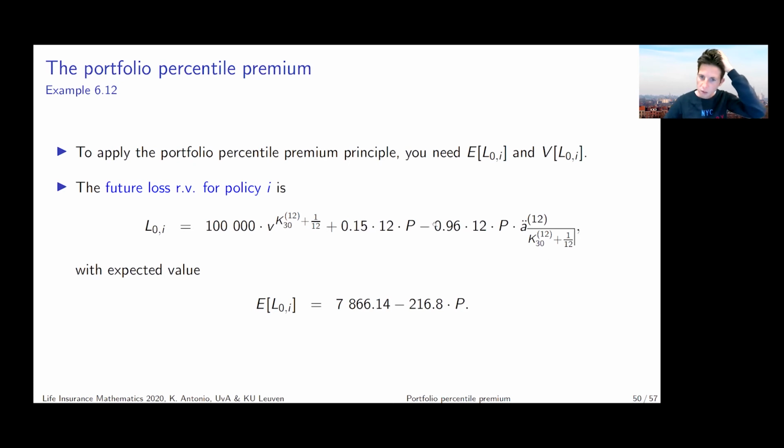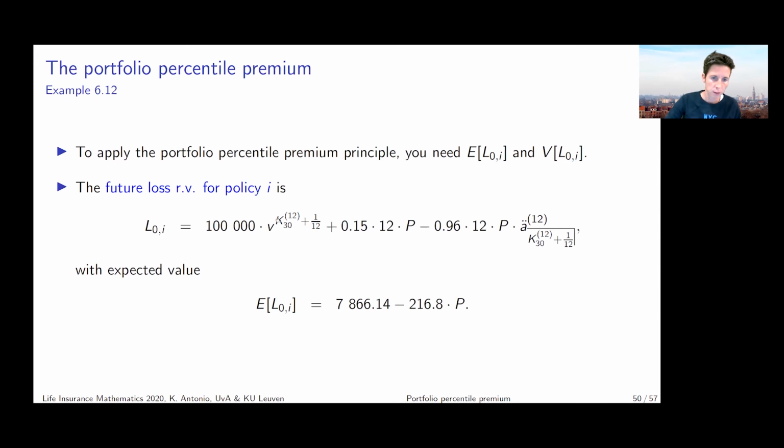So why do I get this minus 0.96 times 12P? That's because I would have plus 4% of 12 times P minus 12 times P times the same expression over here. So if I take these two together, I'll get the minus 96%. Okay, what is the expected value of this thing?